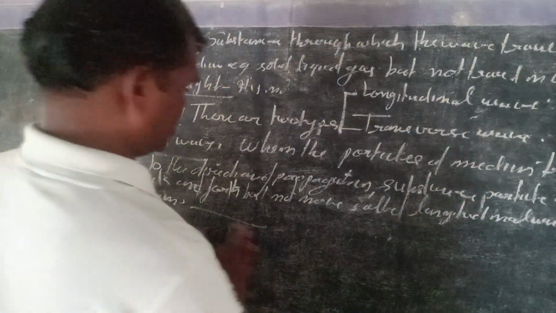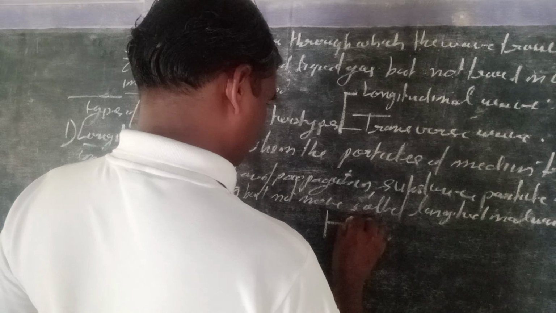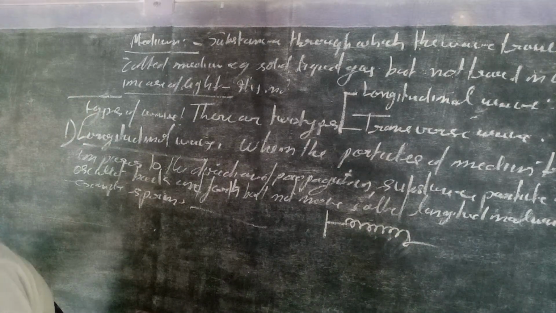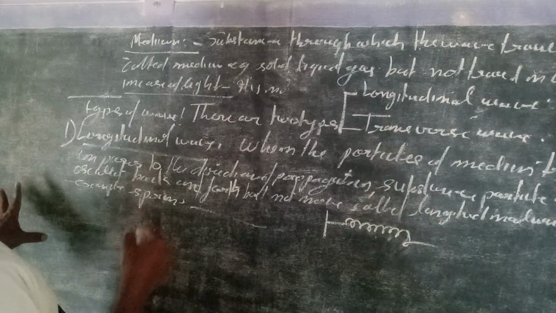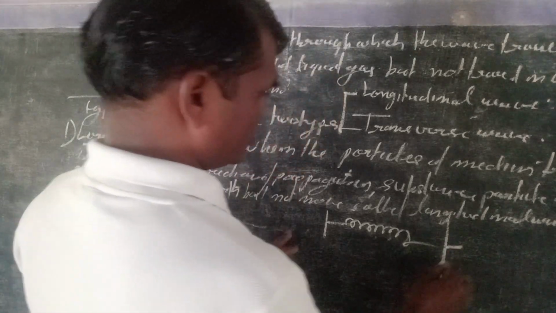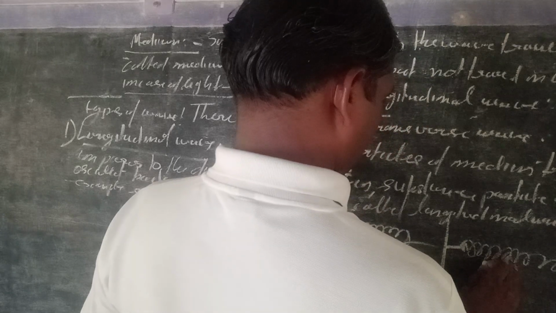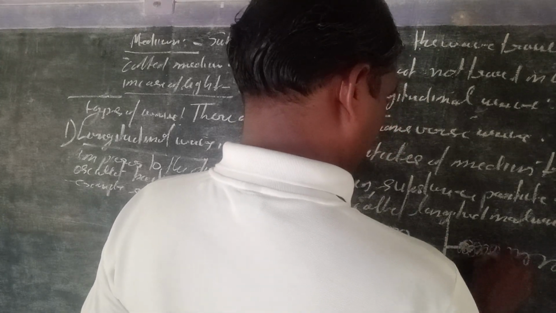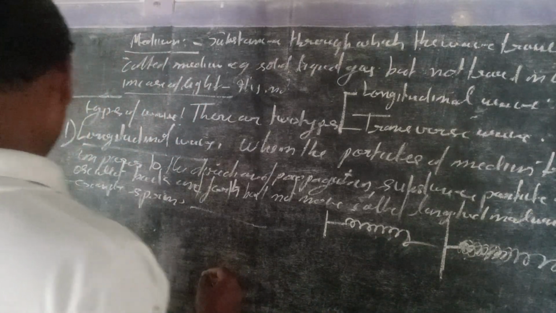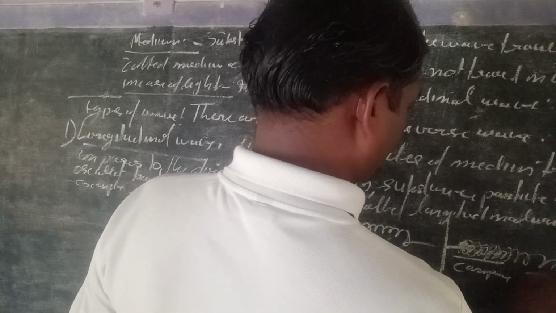Suppose these are springs, and with the help of the spring we will try to understand how longitudinal waves look. In the spring, this part is denser, this is compressed, and this is rarefaction.